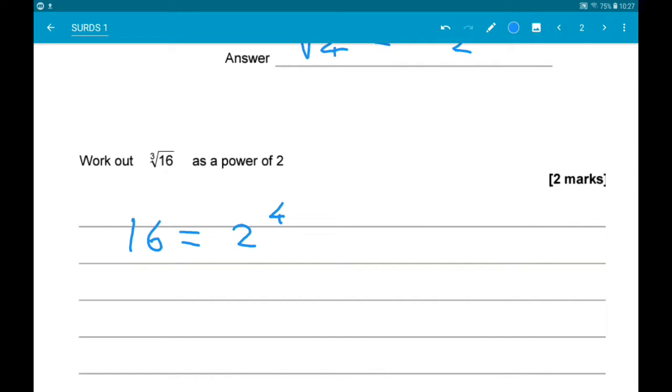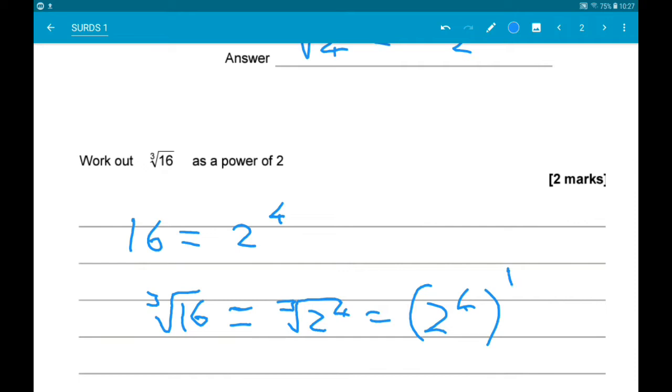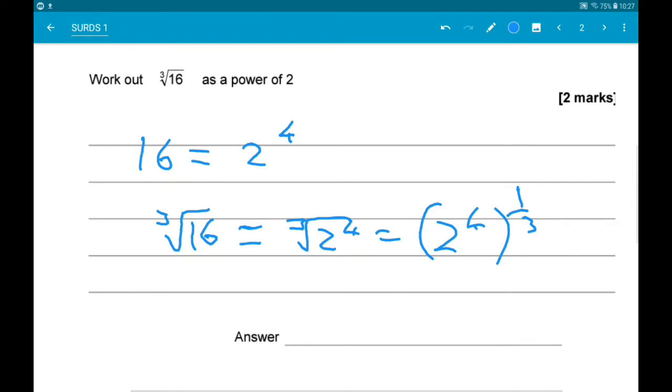So the cube root of 16 is the cube root of 2 to the power 4, which is 2 to the power 4 to the power 1/3. So powers separated by a bracket, multiplied together, so finally this gives us 2 to the 4/3.